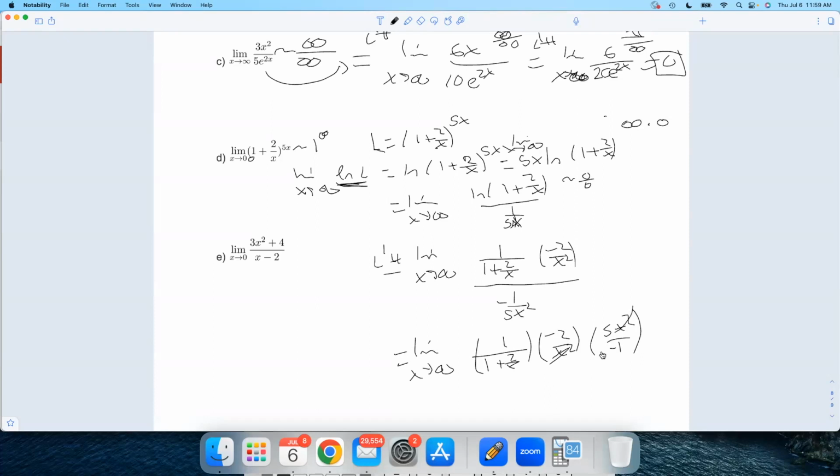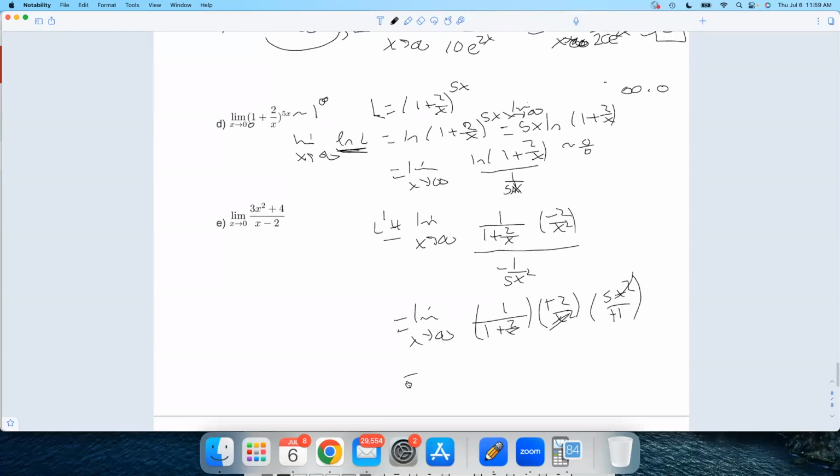Those x squareds cancel, those negatives cancel. I get 10 over 1 plus 2 over x. And I'm taking the limit as x goes to infinity. This right here goes to 0. I get 1 plus 0. The limit here in the bottom is just 1. This entire limit is just 10.